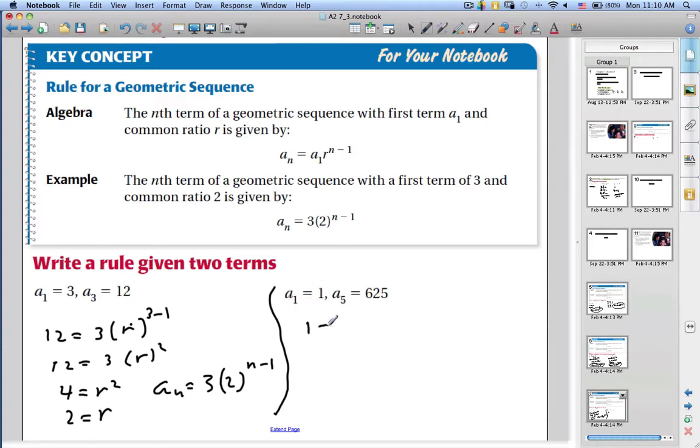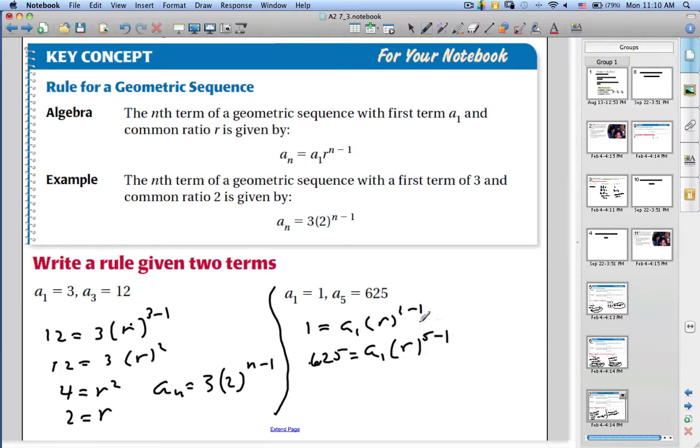So I know that 1 would be equal to a sub 1 times r to the 1 minus 1 power. And I know that 625 is equal to a sub 1 times the common ratio to the 5 minus 1 power.